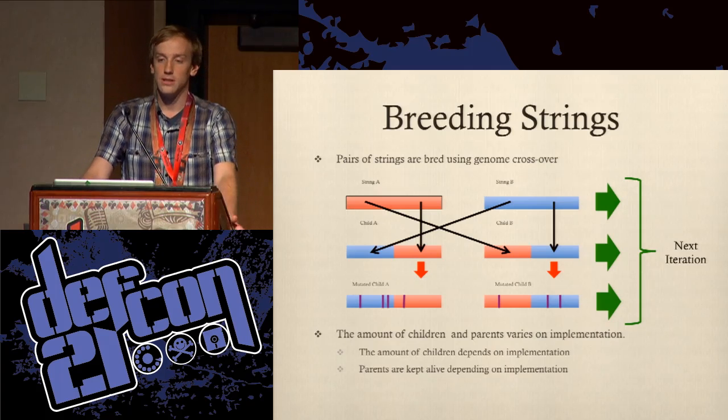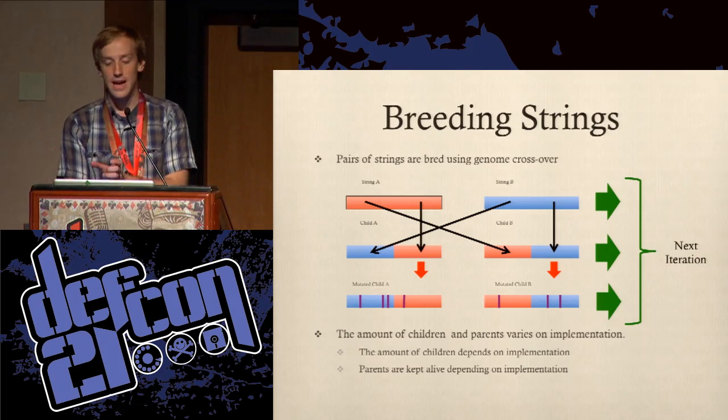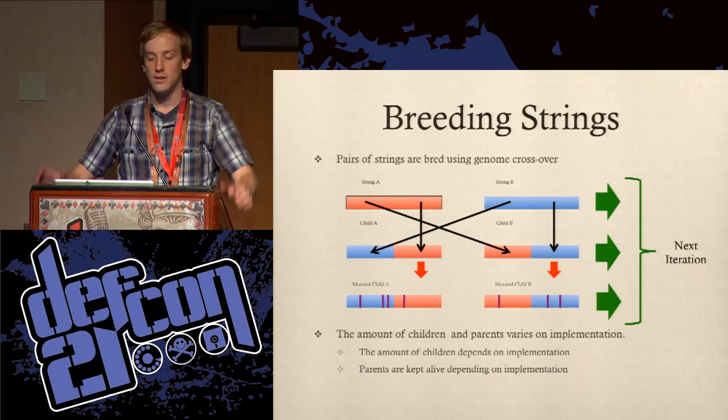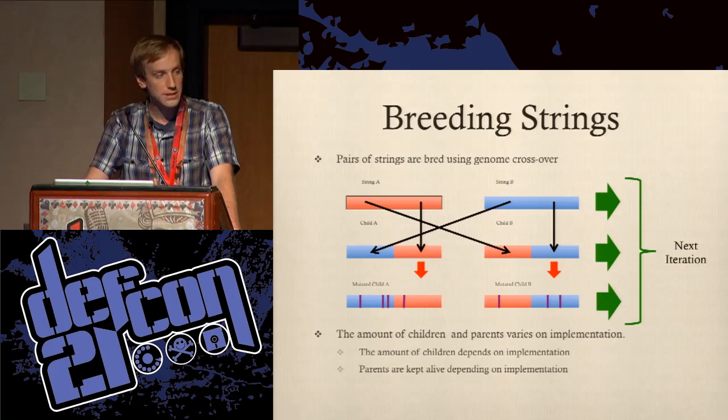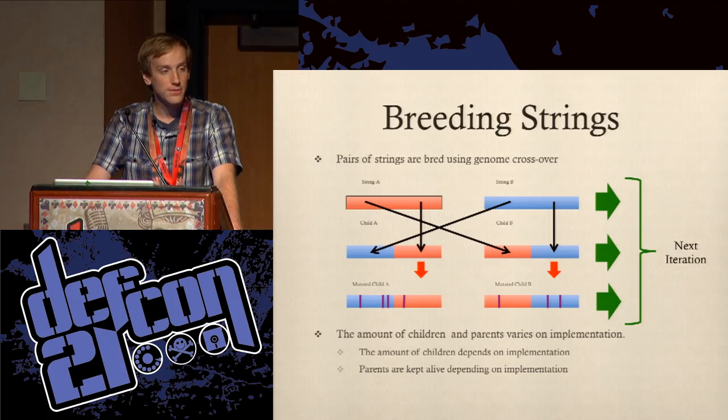The breeding process consists of cutting each string in half, mixing the halves, and then mutating them. The current implementation in the tool is that two parents create four children and also survive themselves. So they pass on their genes and they also live to see another day until someone is better than them.